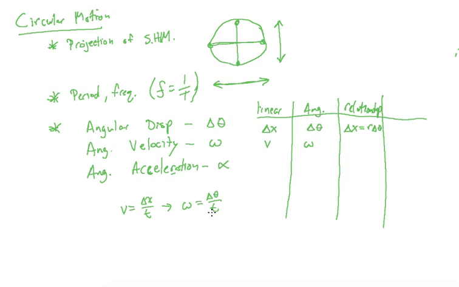If we wanted to get back to velocity, to make this delta x on the top instead, we'd multiply this by r, and then this by r, and we'd be back to having velocity. So the relationship just carries over: v is equal to omega r.